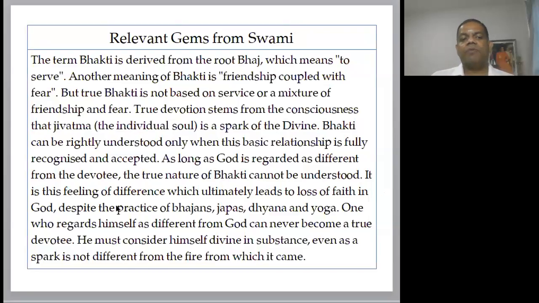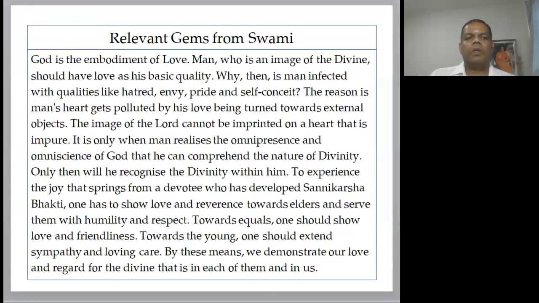It is this feeling of difference which ultimately leads to loss of faith in God, despite the practice of bhajans, japas, dhyana, and yoga. One who regards himself as different from God can never become a true devotee. He must consider himself divine in substance, even as a spark is not different from the fire from which it came. God is the embodiment of love.